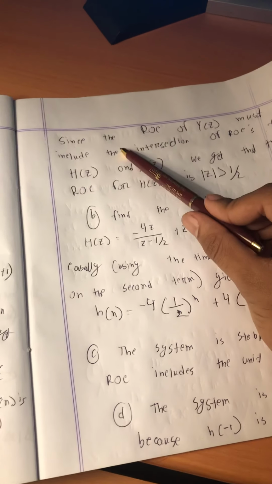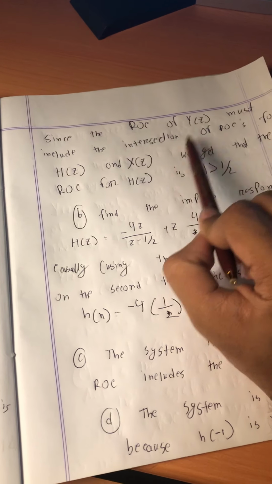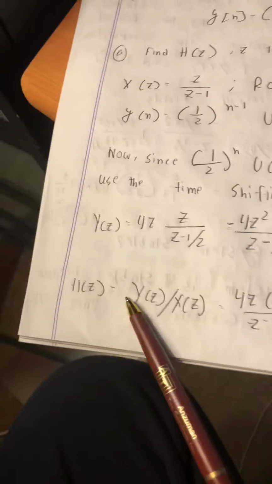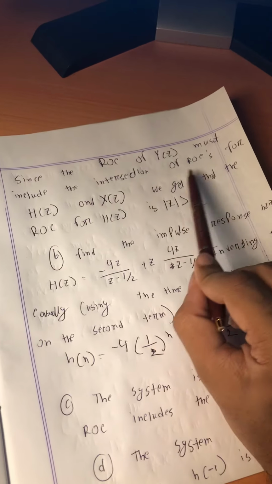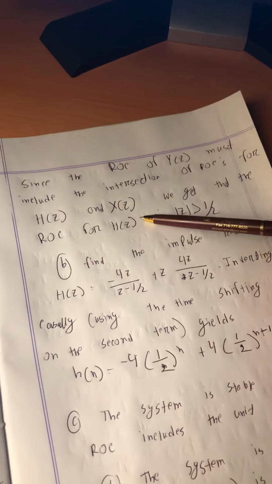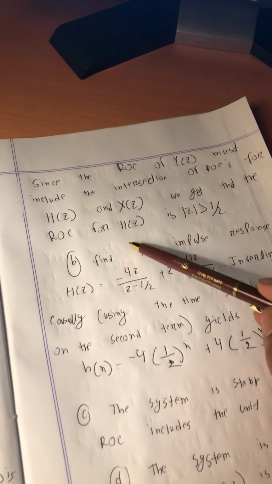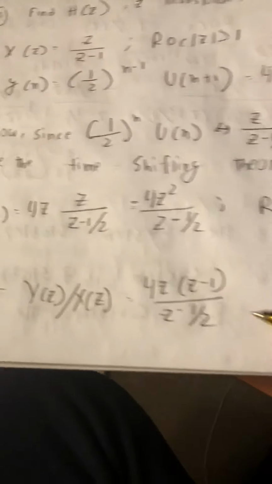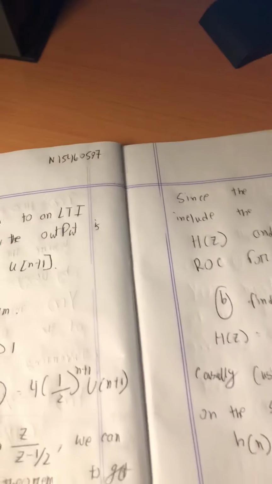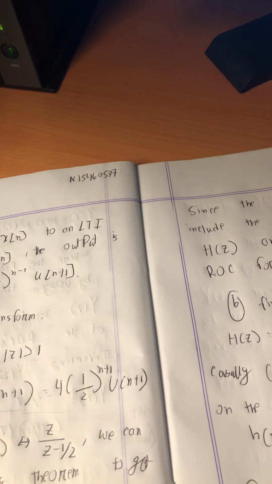Just like the last problem, since the ROC of Y(z) must include the intersection of the ROCs for H(z) and X(z), we get that the ROC for H(z) is |z| greater than 1/2. So there goes the solution to A.